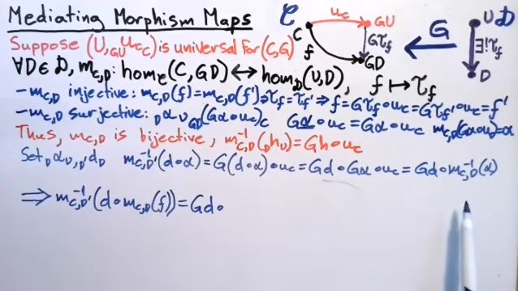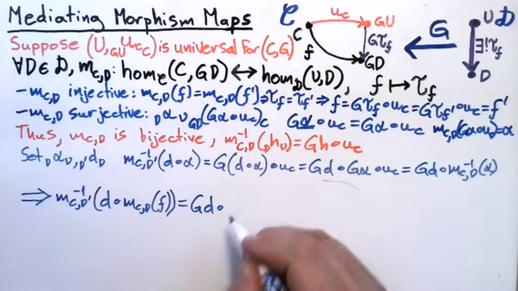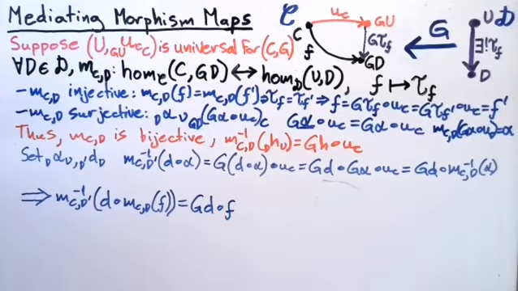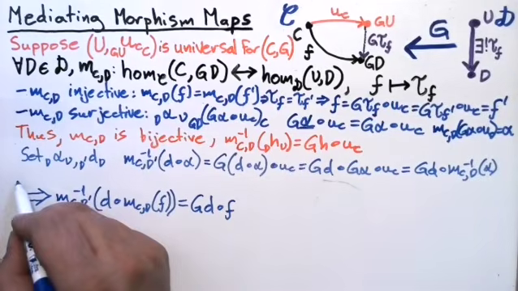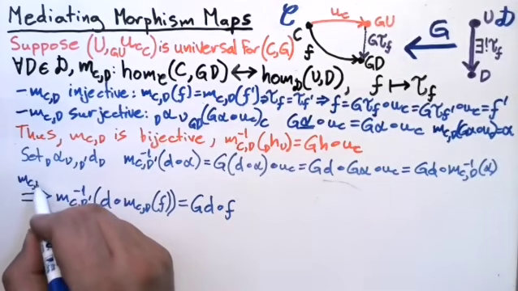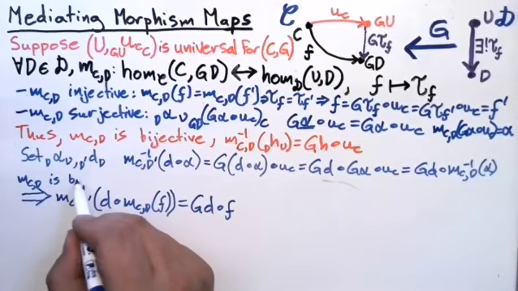Well, it's just going to be MCD inverse of MCD of F, so that's going to cancel, and we're just going to get F, and that's because MCD is bijective.